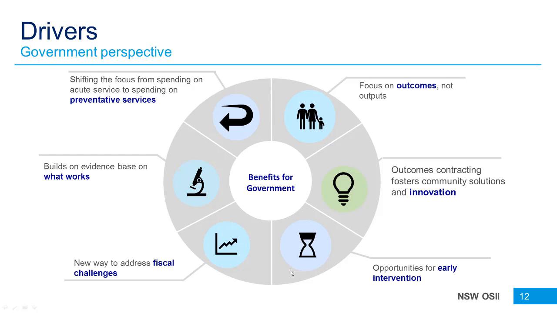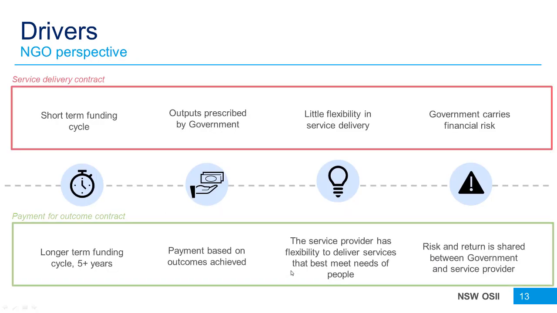Social impact investments are a partnership and provide a much better way for government and our service provider partners to work together and design and deliver services that are the most suitable for their clients. Social impact investment provides opportunities for early intervention rather than funding later cycle acute services which are high cost and do not achieve the best benefits for the people of New South Wales.